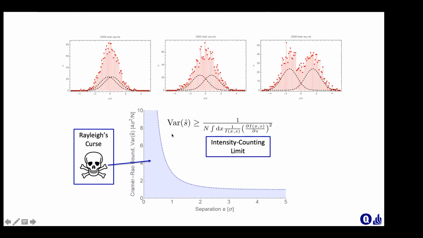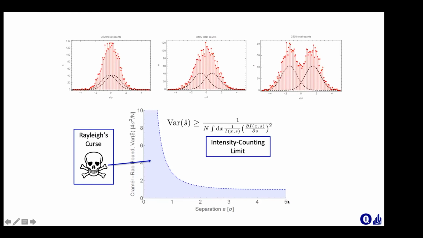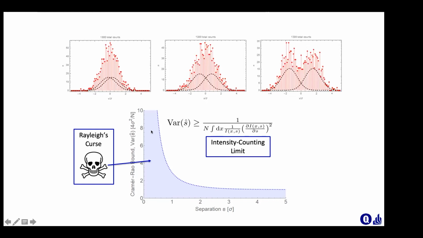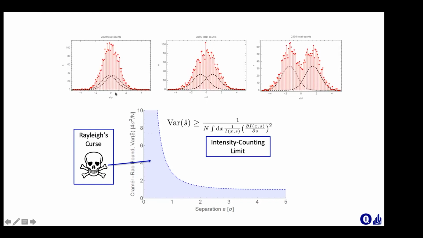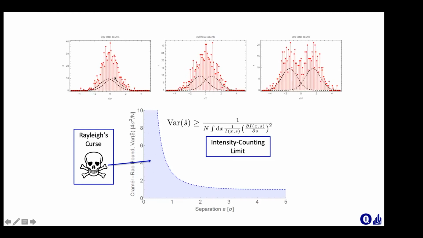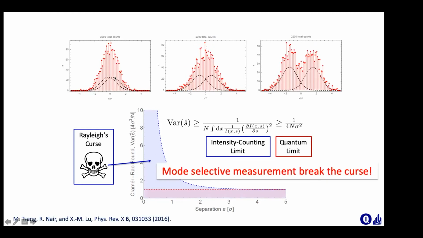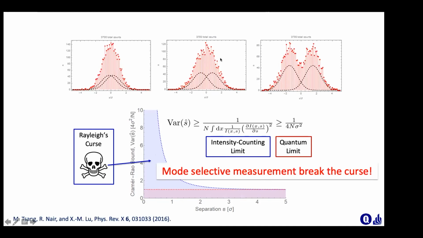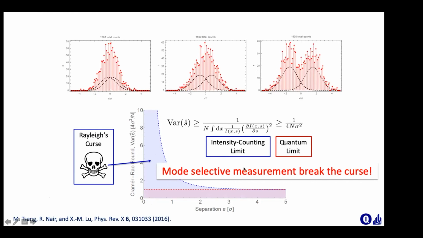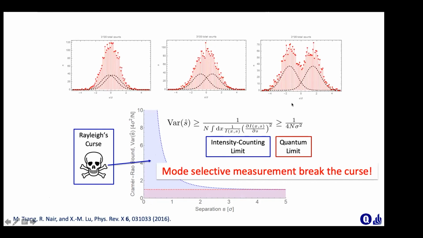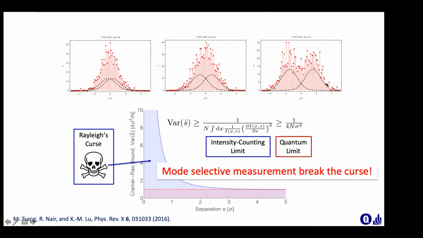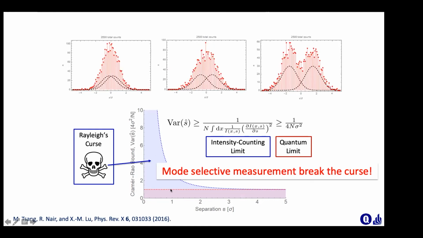If you do that intensity measuring, here you have the separation, and the Cramér-Rao bound basically tells you the variance of this estimation, and if the separation goes to 0, then you just can't say what the separation is. Interestingly, if you do quantum information theory, Tsang and others in 2016 have figured out that if you do a different measurement, which is measuring on coherent modes, on superpositions, then this limitation doesn't exist.